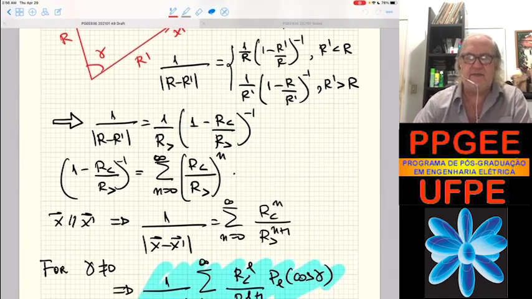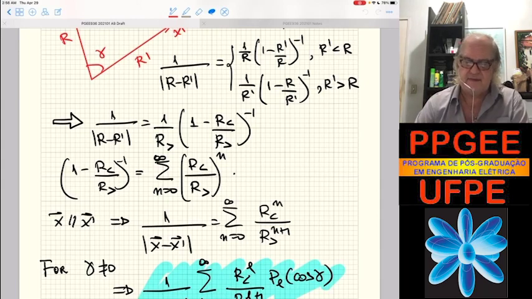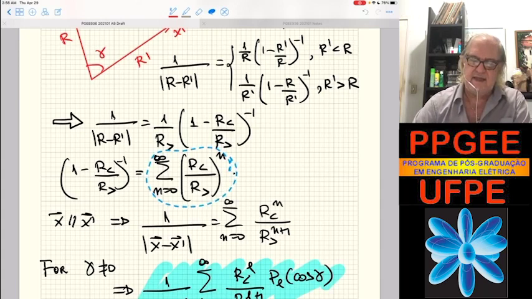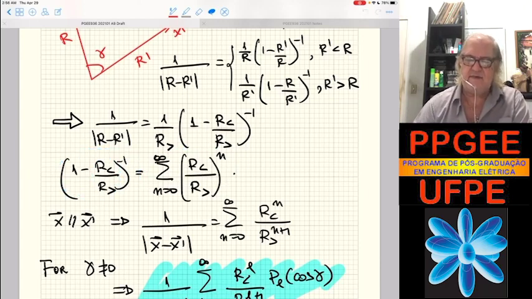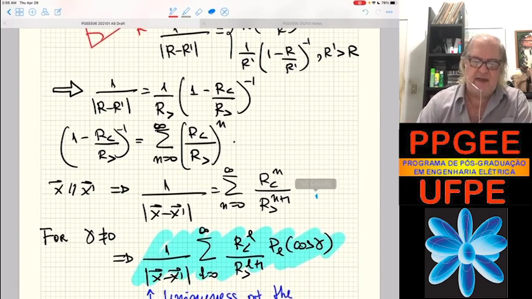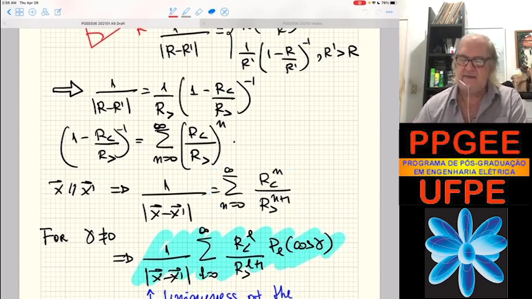So it can easily be shown. High school math can show that. This is a geometric series. The ratio is this one. The sum is given by this, right? So when the vectors are parallel, you can expand in a very simple way.